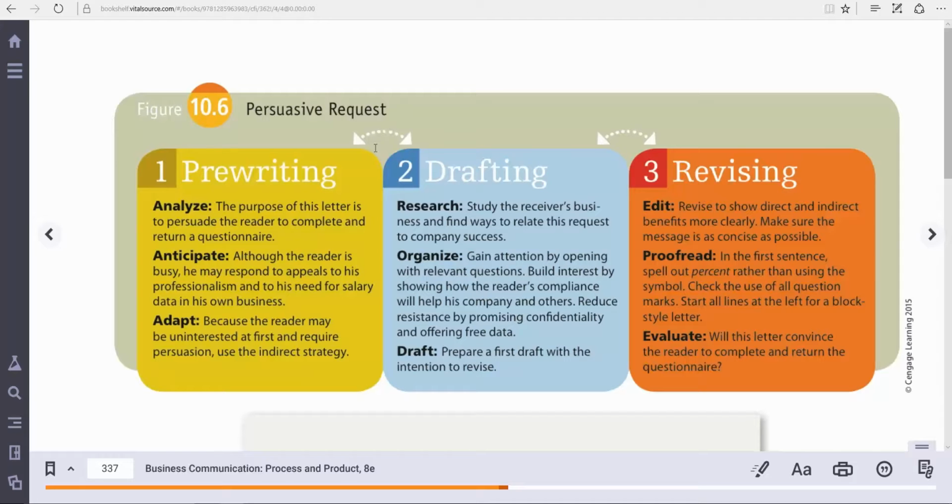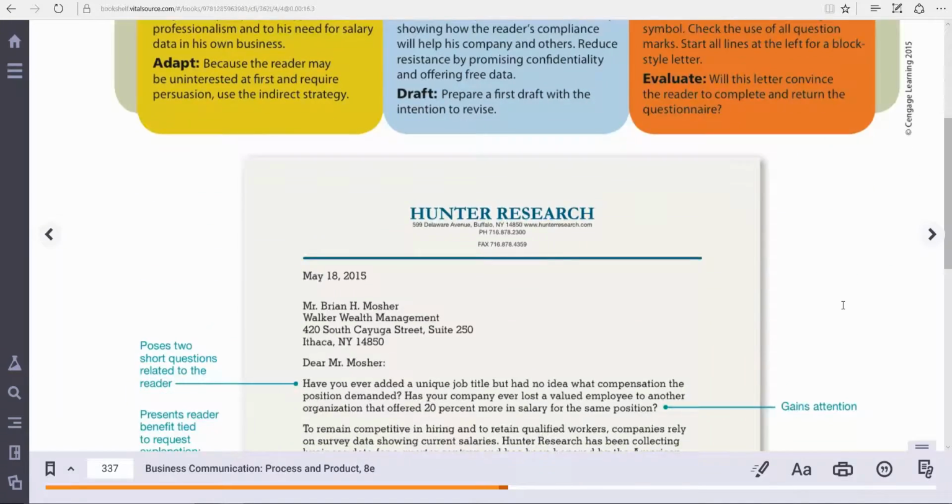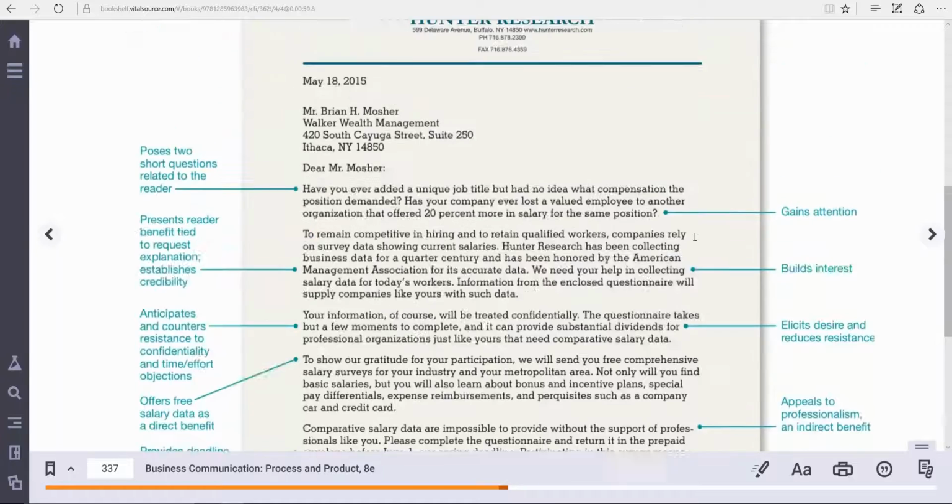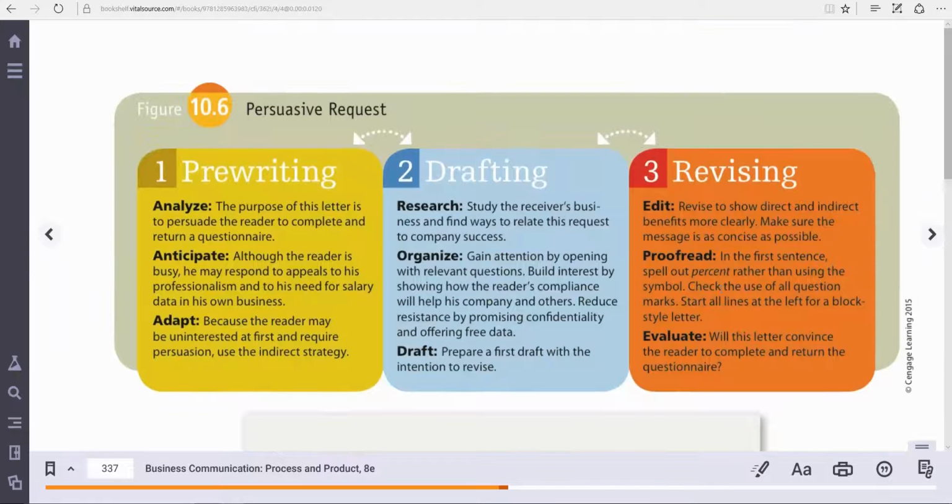So, a persuasive request involves prewriting, drafting, and revising. You've seen this display before. And here's an example: gains attention, builds interest, elicits desire, anticipates and counters resistance. So this would be good to use.